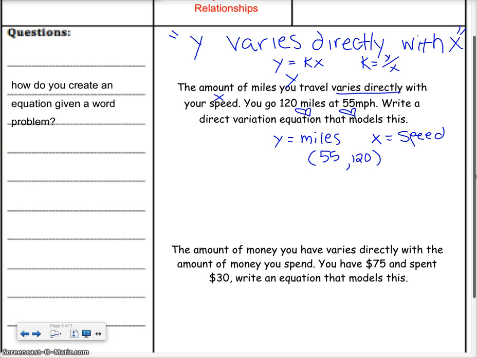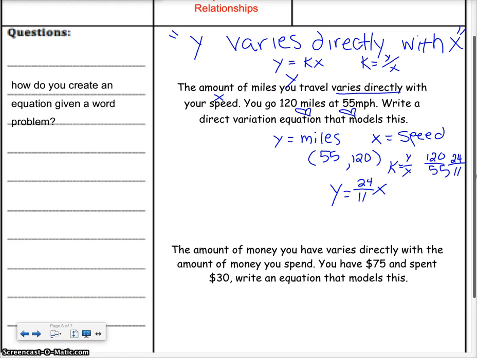So I know K is equal to Y over X, which is 120 over 55. And I need to turn that pretty, like I need to simplify that. 120 divided by 5. It is 24 over 11. So now my equation, Y equals 24 over 11 X.